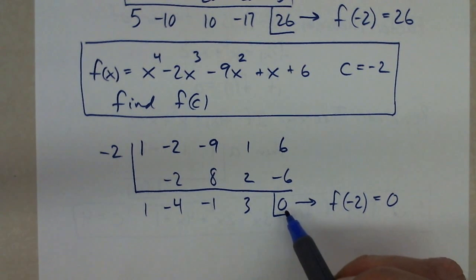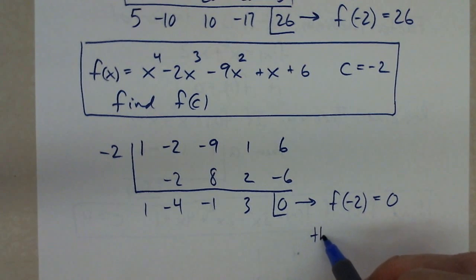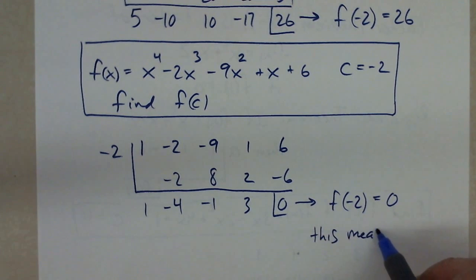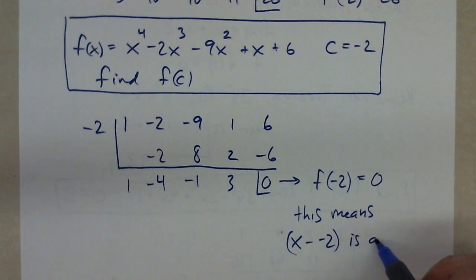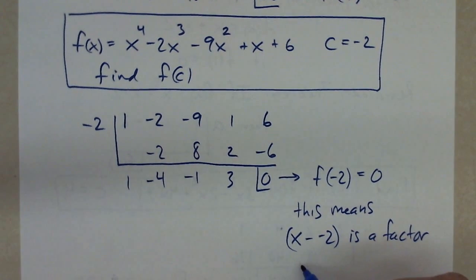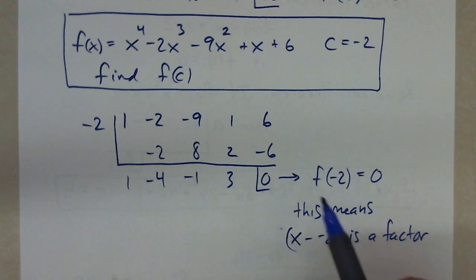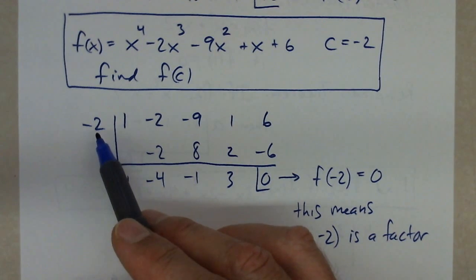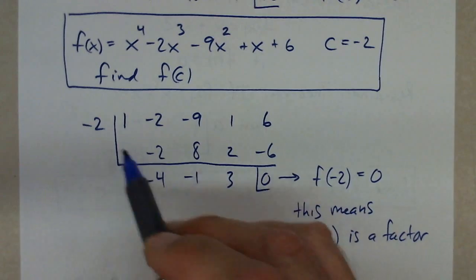If the remainder is 0, then when you get a 0 remainder, it means that the number you divided by is a factor, or it creates a factor in this form, x minus whatever number is there.